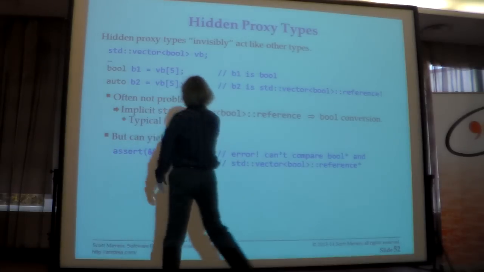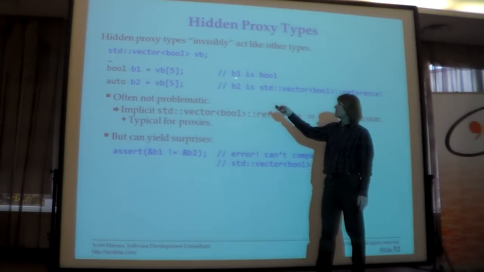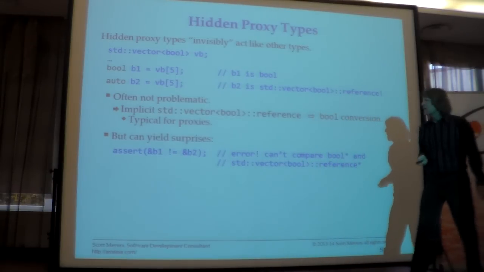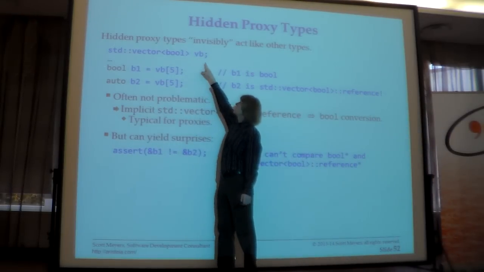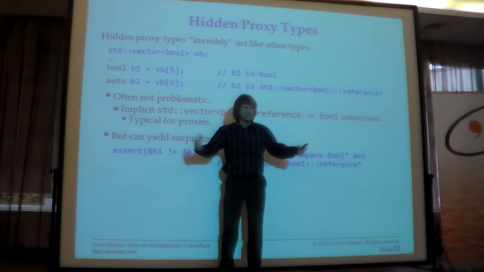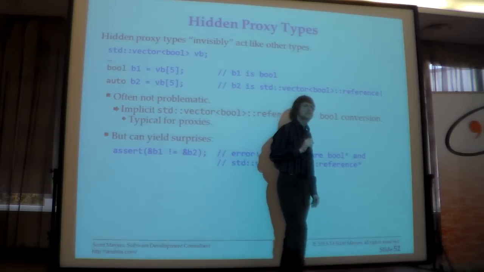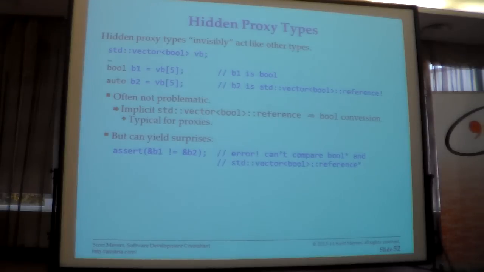So in this case, if I say b1 is a bool and it's vb sub 5, then b1 is bool. That's not a surprise. Now conceptually, my vector of bool holds bools. I mean, that's what it says. But vector of bool is required to store its booleans in a packed representation, 1 bit per bool.